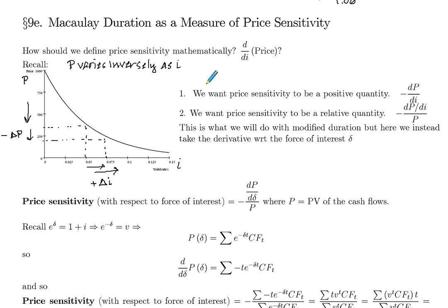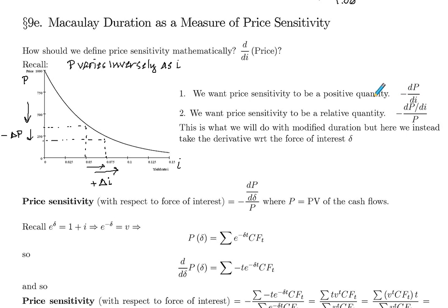So we don't want this derivative to be negative, because in finance they don't like negative quantities. We want price sensitivity to be a positive quantity, so we'll put a minus sign in front of our derivative here. We're looking at dP/di, the rate of change of price with respect to change in the yield, or the effective interest rate.